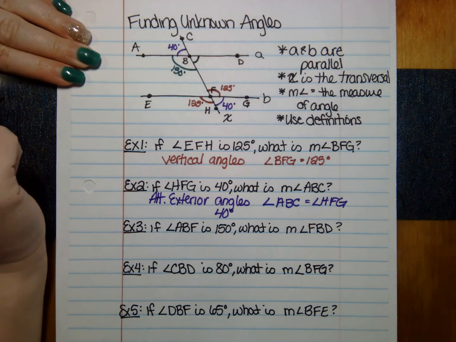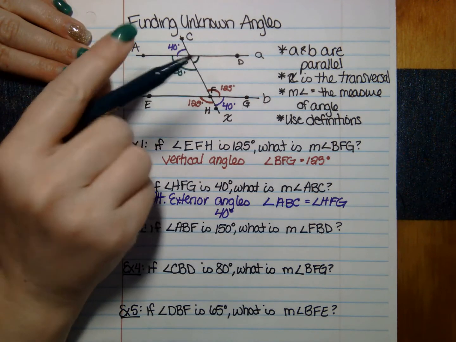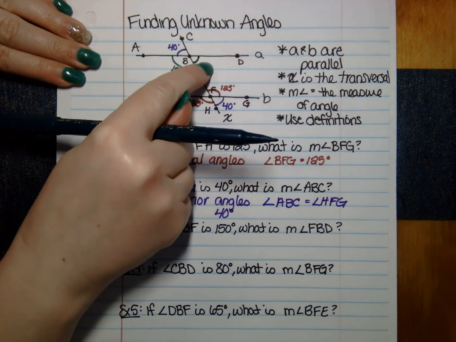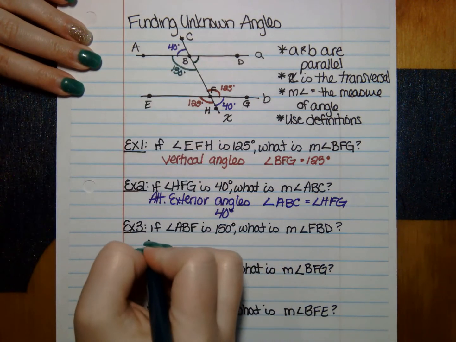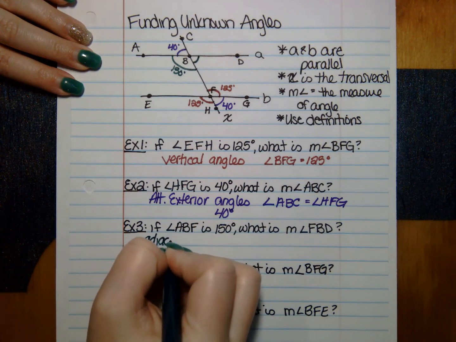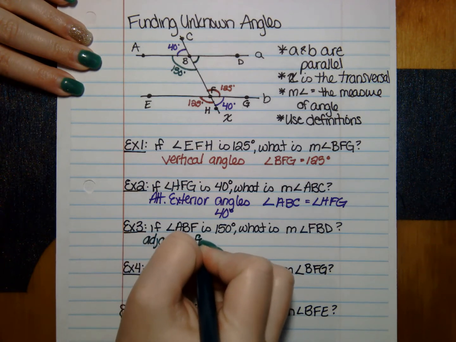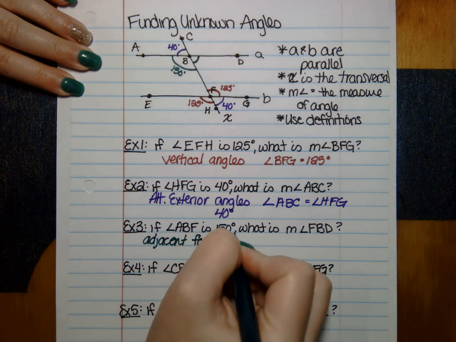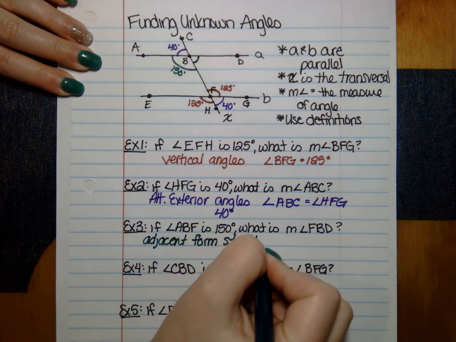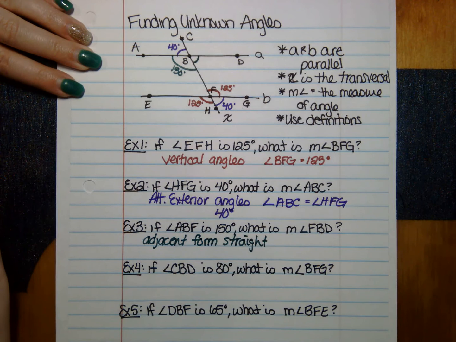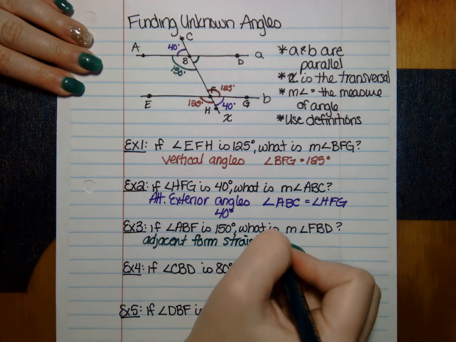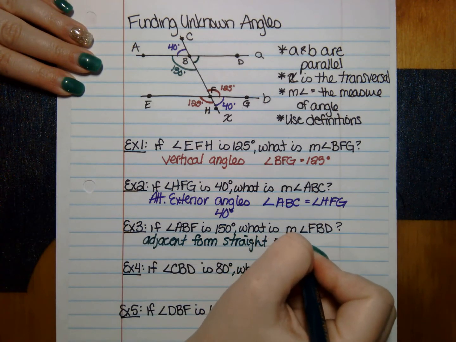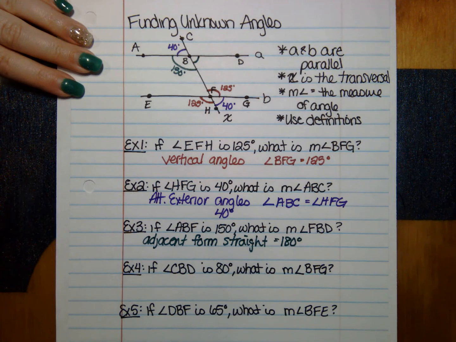Since these angles are adjacent and together will form a straight angle, we know that straight angles have to equal 180 degrees.